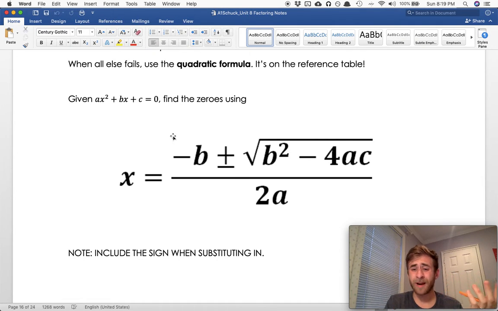So the way I memorize it, in case you need it for the SATs, would be x equals negative b plus or minus the square root of b squared minus 4ac all over 2a. That's just how I memorized it. If you do that like 3 or 4 times, you should never forget it again, right? x equals negative b plus or minus the square root of b squared minus 4ac all over 2a.